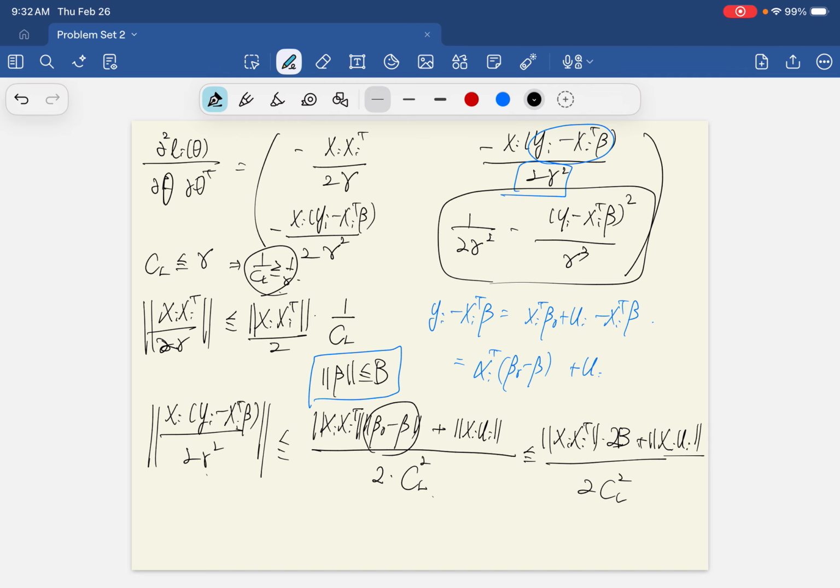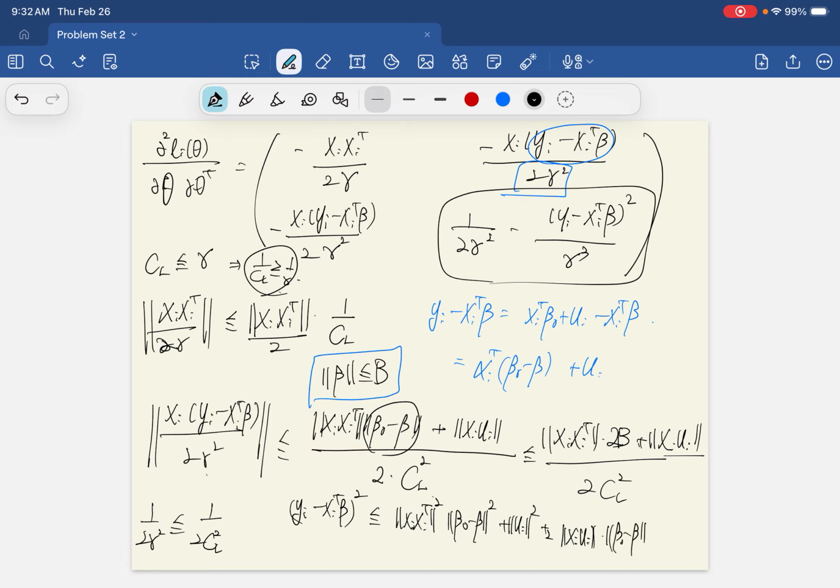Okay, and then this term is similar, right? So 1 over 2 gamma squared is bounded by 1 over 2 CL squared, so that is not a problem. And on the other side, yi minus xi transpose beta squared will be bounded similarly by xi transpose squared times beta 0 minus beta squared, plus u squared, plus 2 times xi ui times beta 0 minus beta.